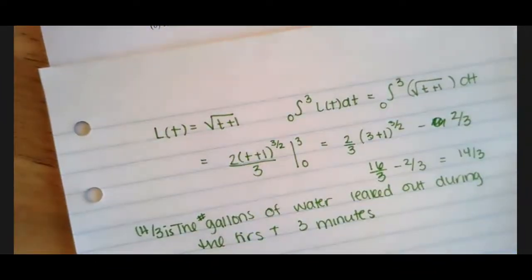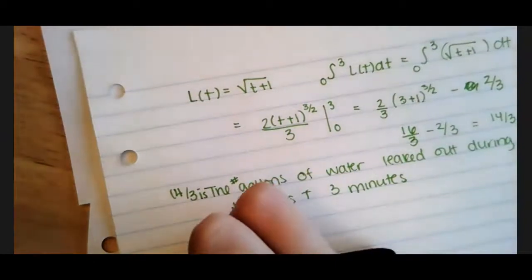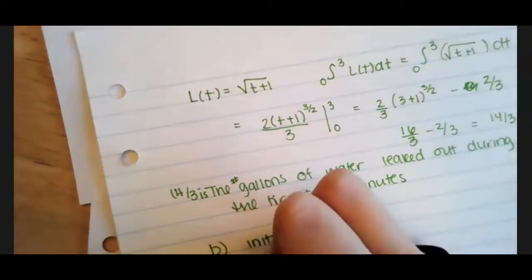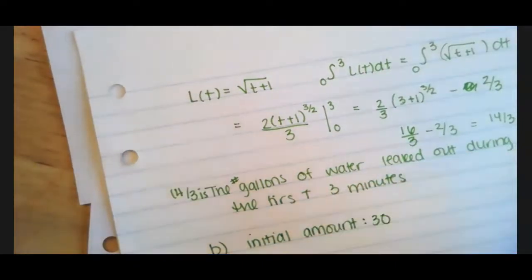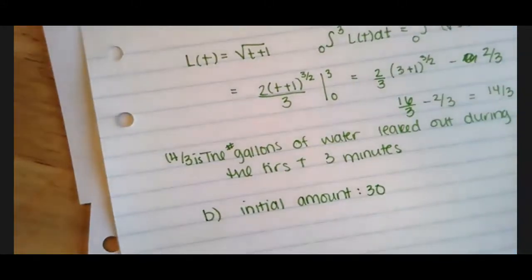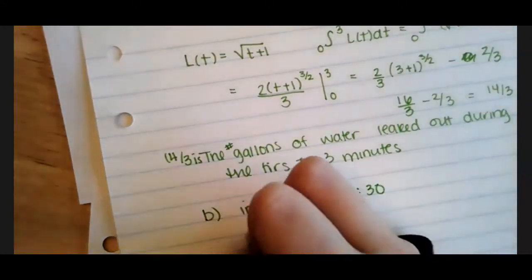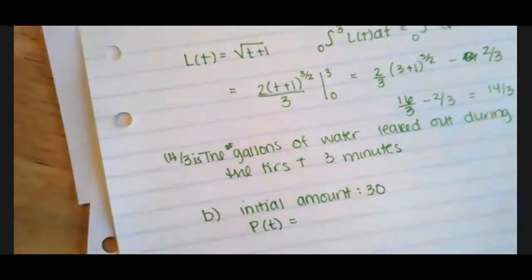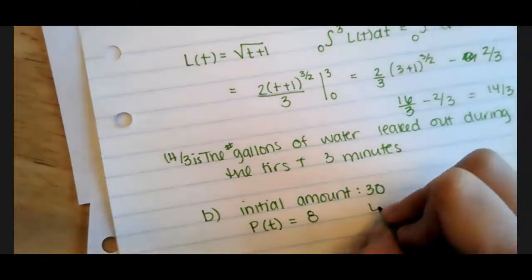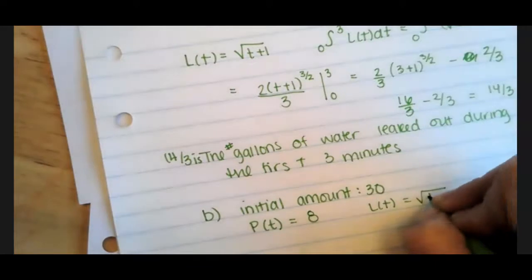Well, now I need to take into account the initial number of gallons, the number of gallons being pumped in. So we'll say that pumped in is P of T, and in this case P of T is 8. And then remember L of T is leaked out, which is square root of T plus 1.